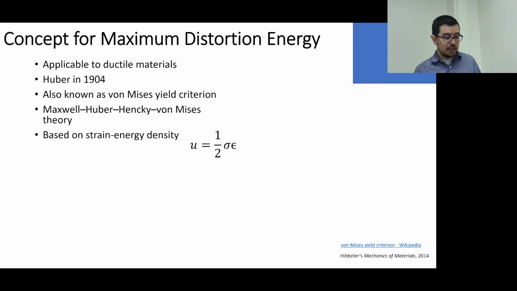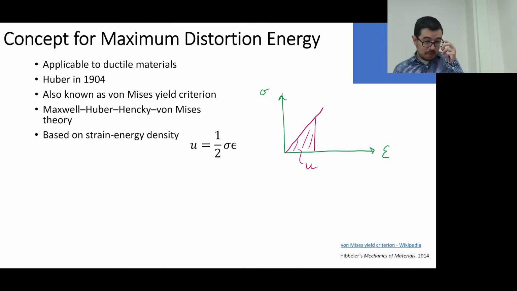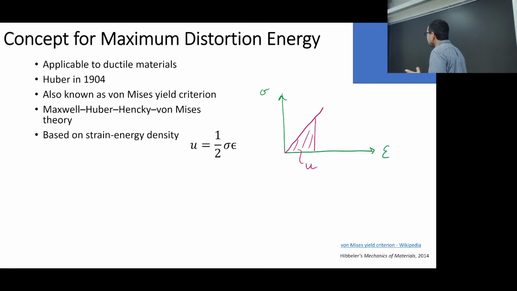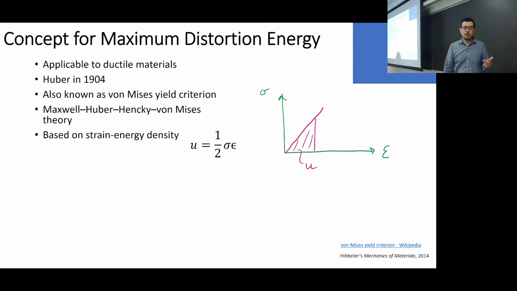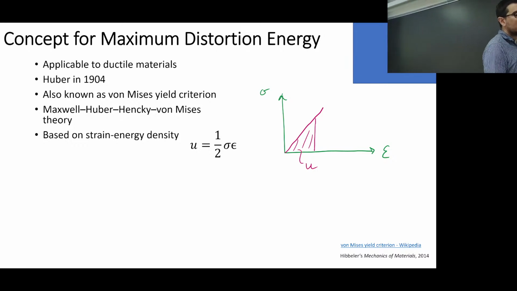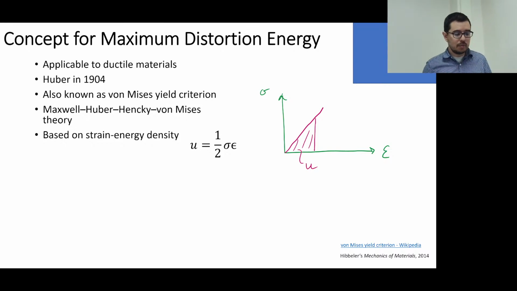A lot of people have their fingers on this, so if you hear Hencky stress, von Mises, even Maxwell, though Maxwell stress usually refers to something else, these esteemed engineers, mathematicians or scientists are responsible for this distortion energy theory.